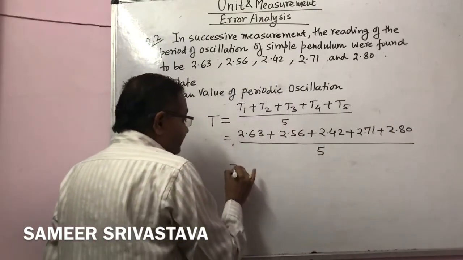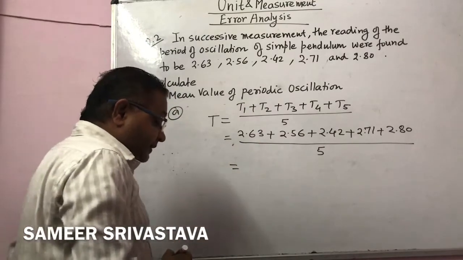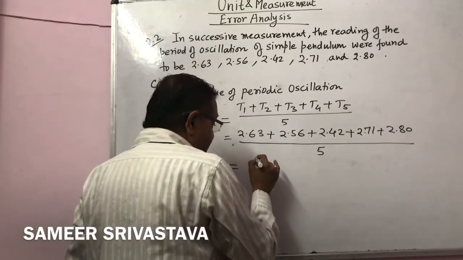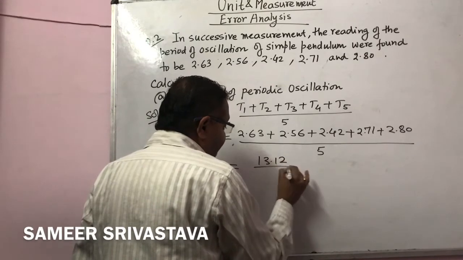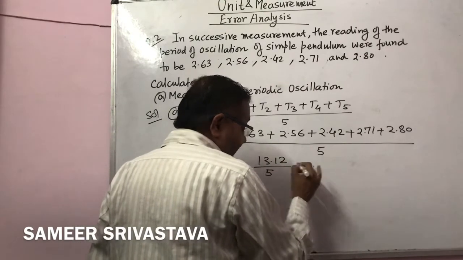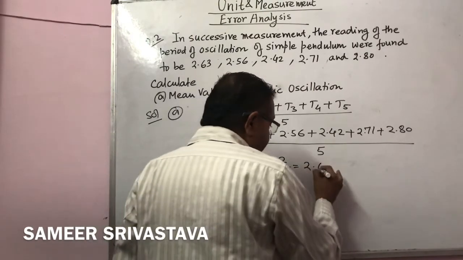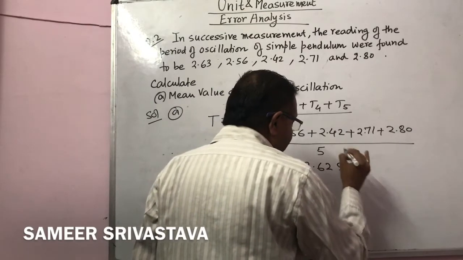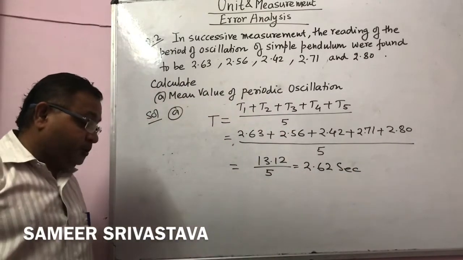When we solve these values, we get 13.12 upon 5, and this is 2.62 seconds.